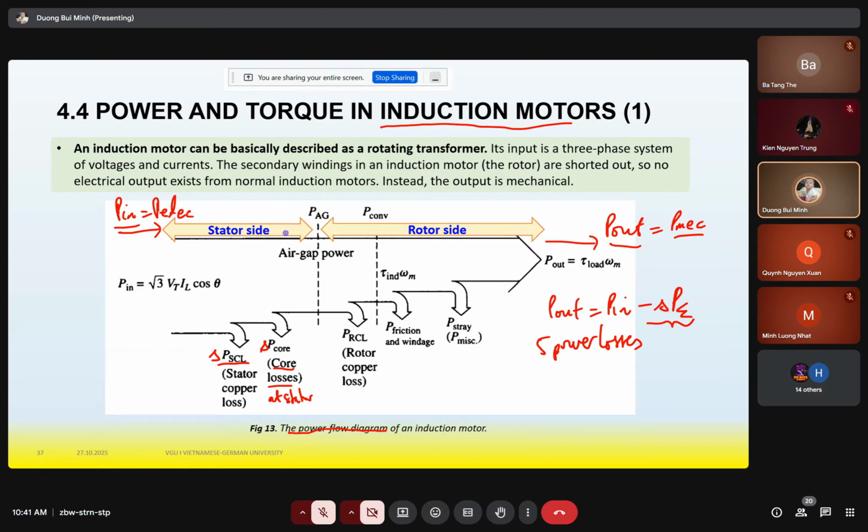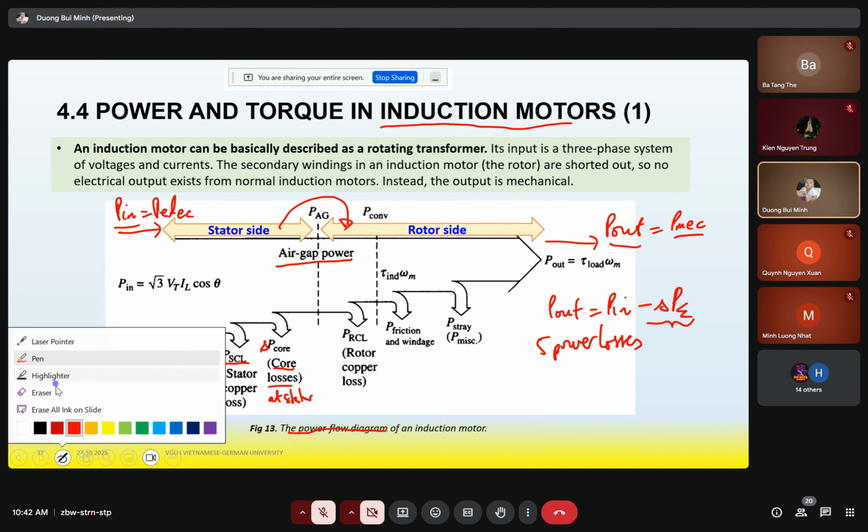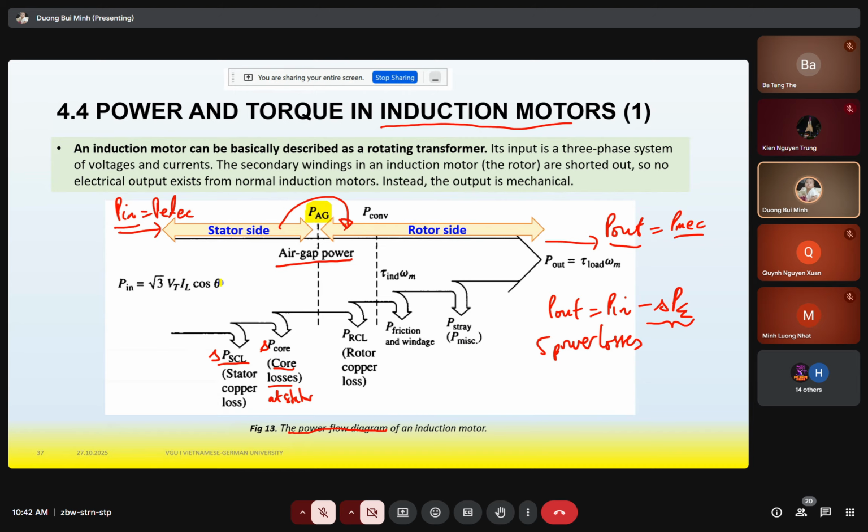The power flow from stator to rotor we call air gap power, because the magnetic field goes across the air gap to the rotor. So we have input power and air gap power.